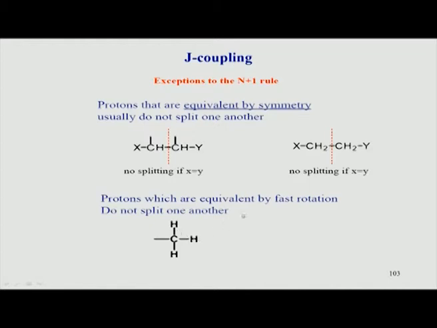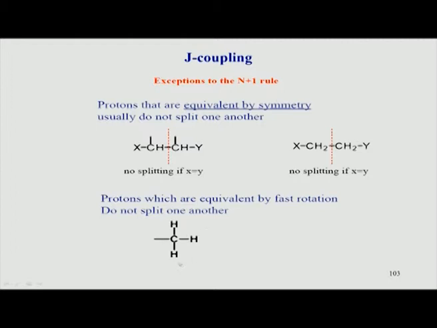That means between any two hydrogen atoms, if they are chemically equivalent, then they will not split each other, but it does not mean that there is no J coupling. It is just that the NMR is not capable of revealing the coupling between two equivalent hydrogen atoms.